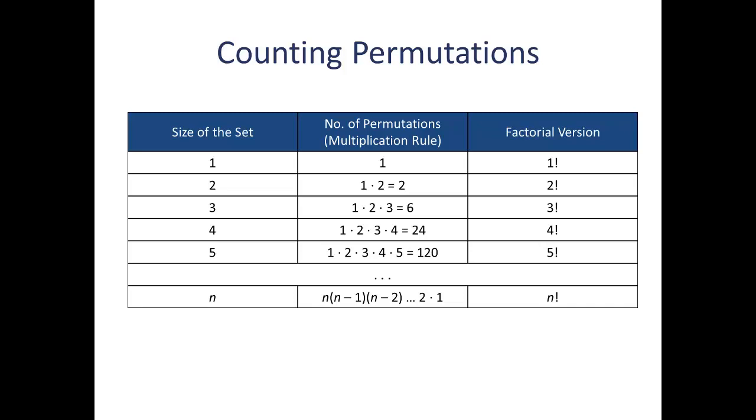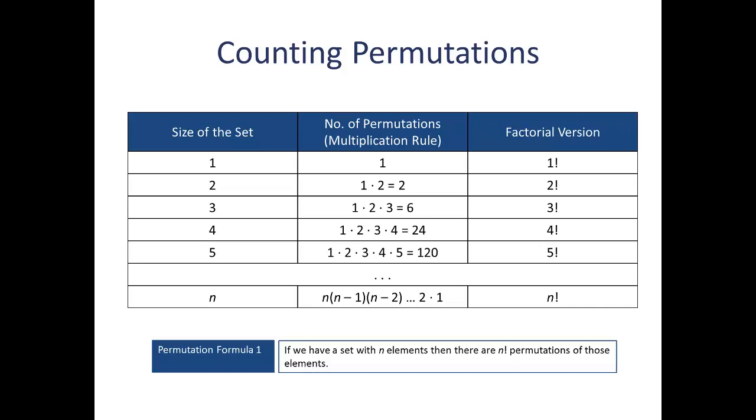At this point, you should be starting to see a pattern develop. The number of permutations of a set is equal to the factorial of its size. So that leads us to our first permutation formula, which says that if we have a set with n elements, then there are n factorial permutations of those elements.